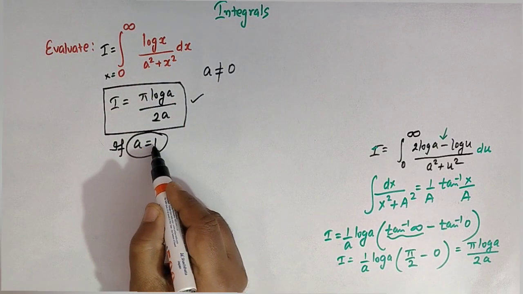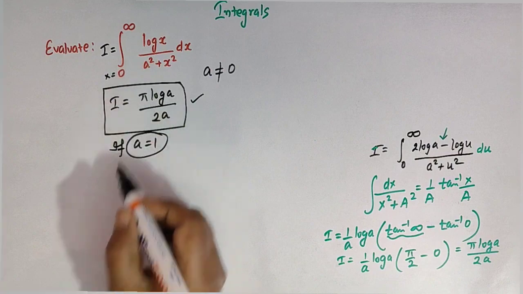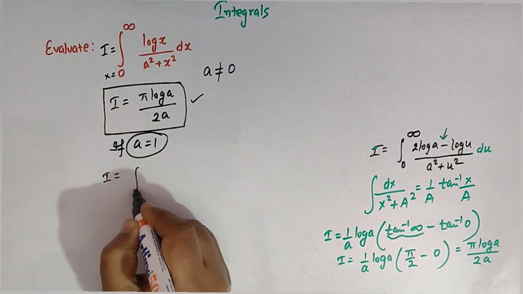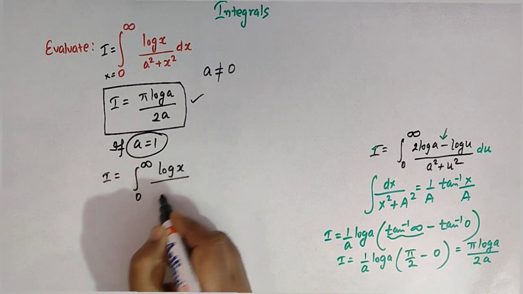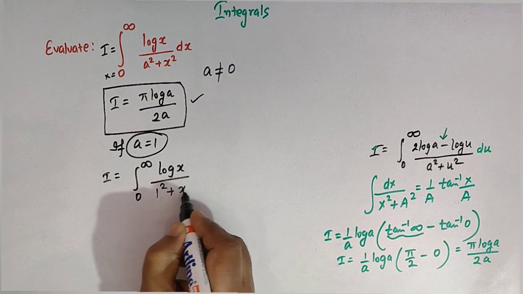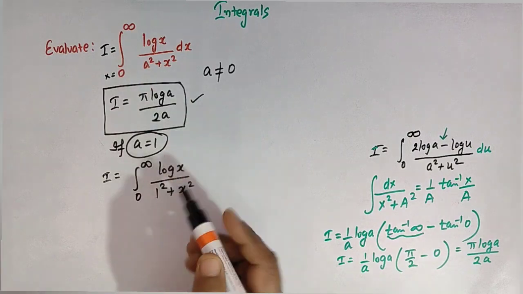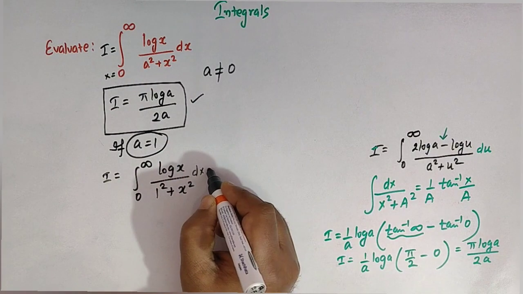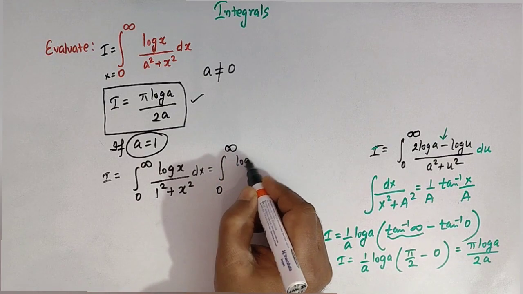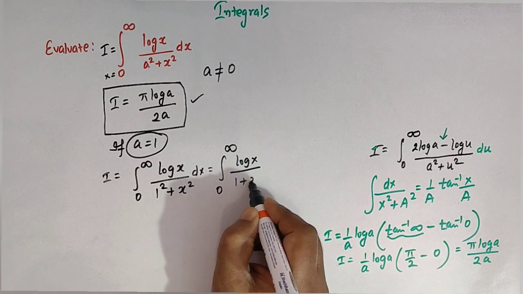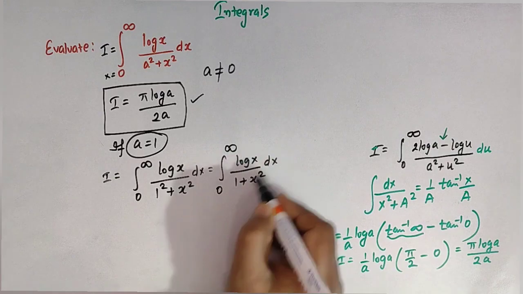If we take a is equal to 1, the integral becomes the integral from 0 to infinity of log x over 1 square plus x square dx, and this is the integral from 0 to infinity of log of x divided by 1 plus x square dx, right?